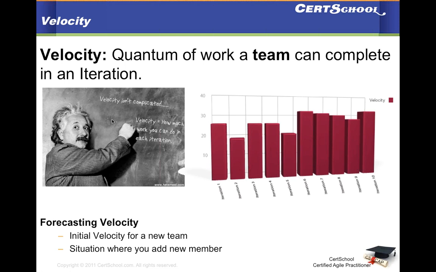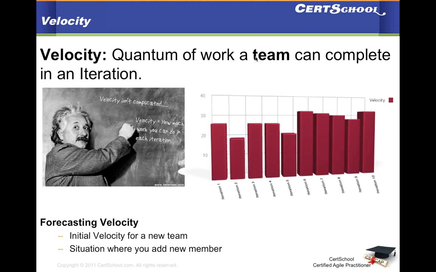So what do we mean by quantum of work? Also, it is not a quantum of work that an individual is doing. It's a quantum of work that a team, an Agile team, is able to complete in an iteration. So we know what iteration is. It's called sprint in Scrum. So sprint and iteration are terminologies that can be used interchangeably.